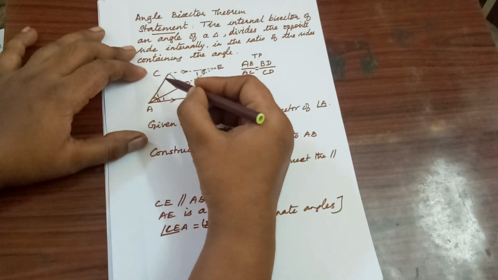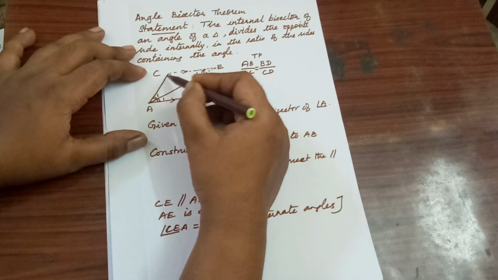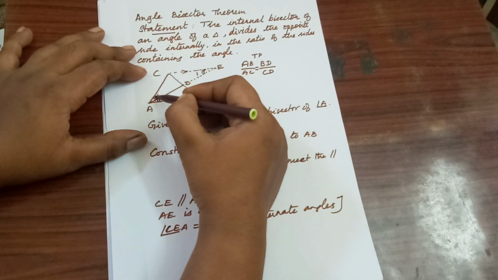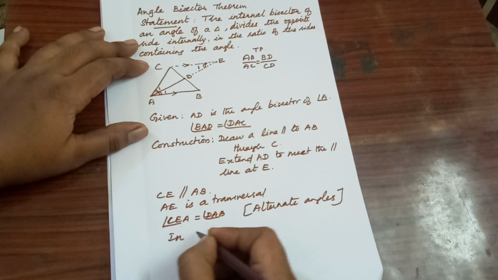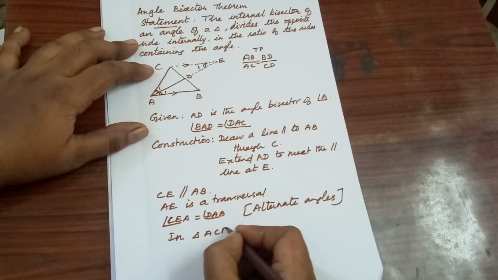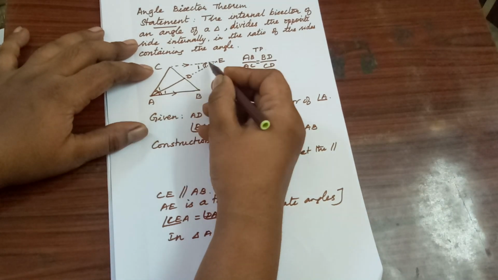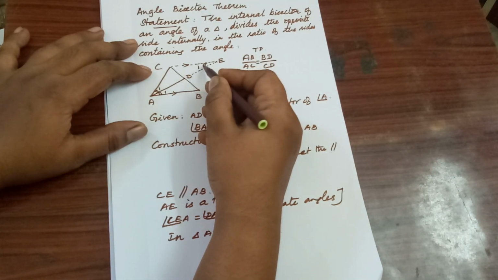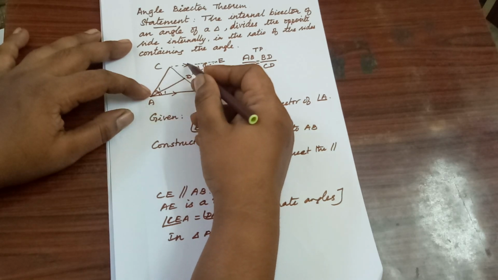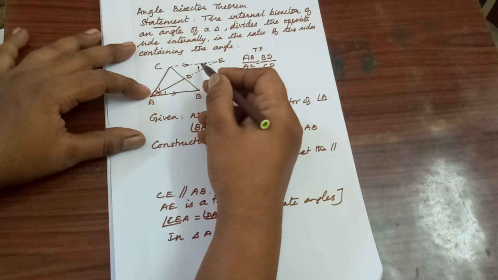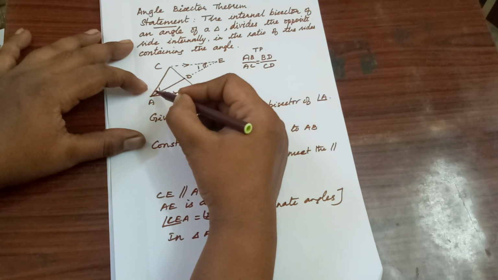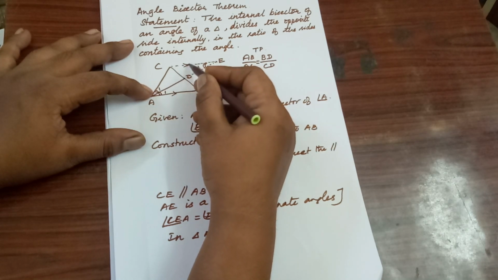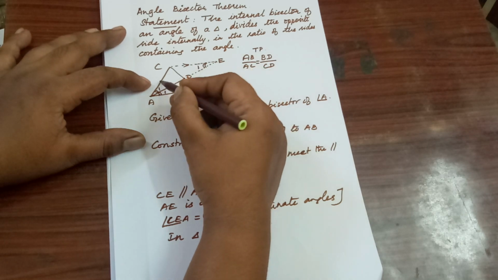So in this triangle ACE, we have two angles equal. So the sides opposite to equal angles are equal. We are going to use that property. That is, the side opposite to this angle is CE. The side opposite to this angle is AC.